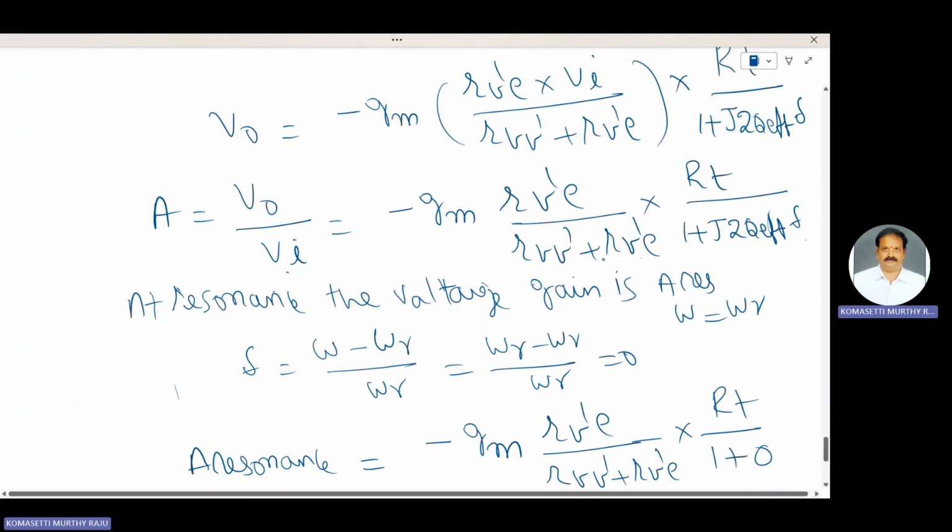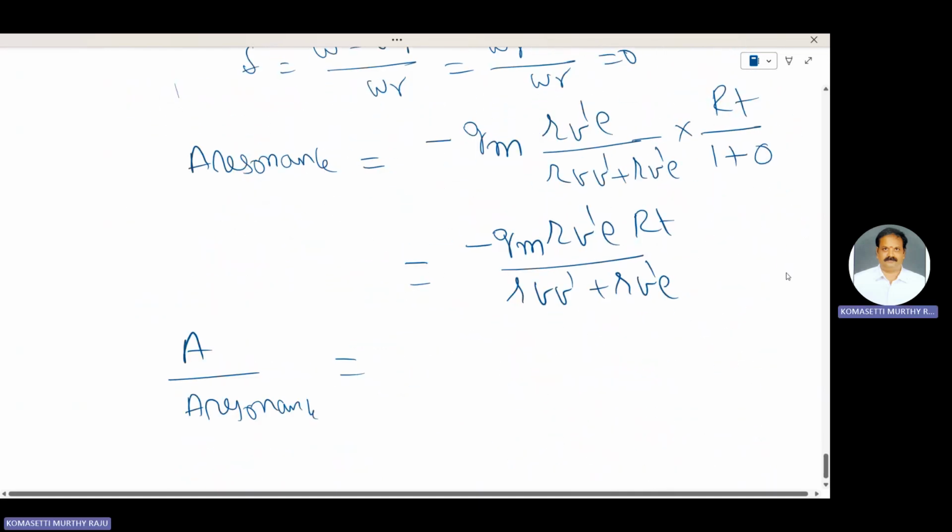Therefore, RBB' plus RB'E is approximately RB'E. These two are cancelled. Therefore, A is equal to minus gm RT by 1 plus j 2 Q effective into delta. This is also cancelled.